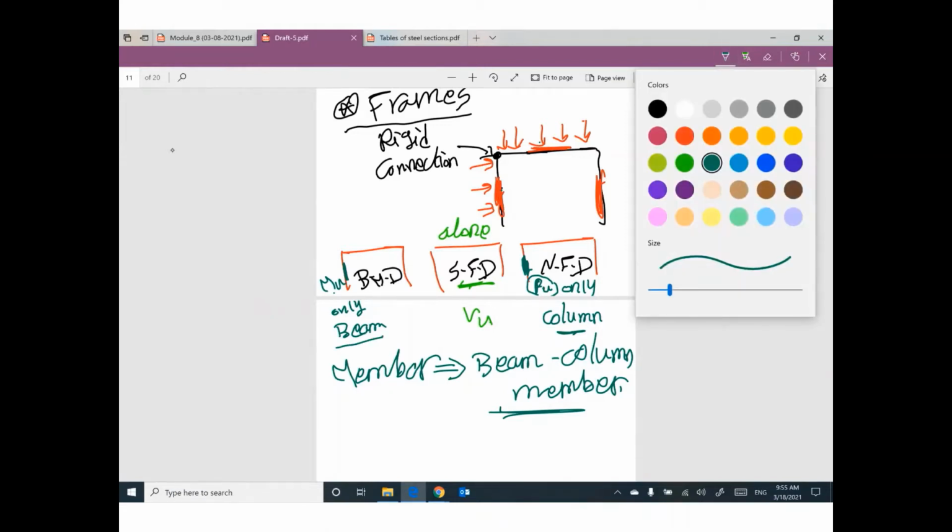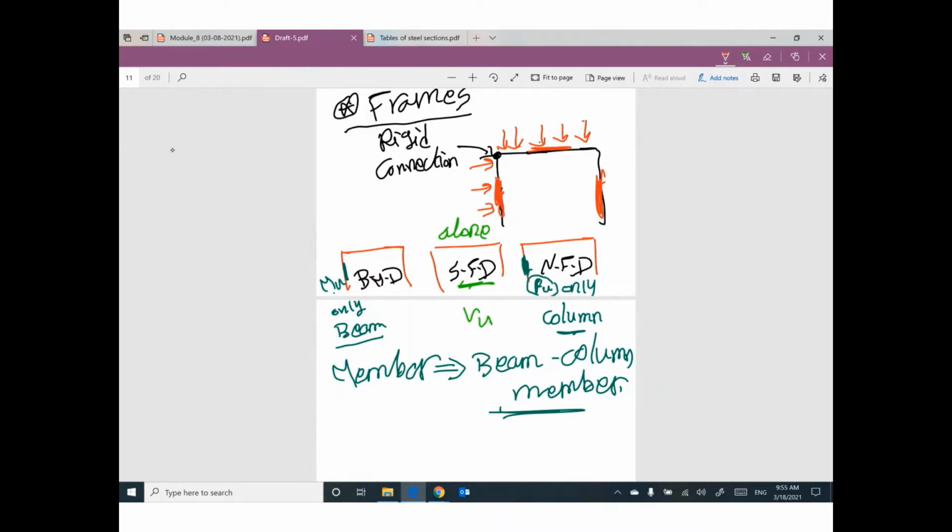But because this member in a frame, so we have three internal forces at the same time: axial, shear, and the bending moment. I don't care about shear because shear is alone, different. So this member will be under the effect of P ultimate and the M ultimate at the same time. So I can call it beam column member. So if you see this expression, beam column member means this member has M ultimate and P ultimate at the same time. Does that make sense? Did you understand this point?